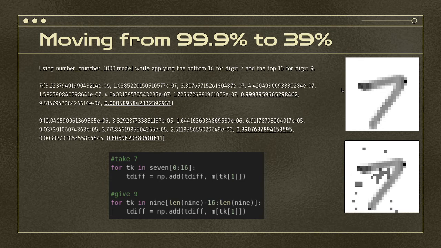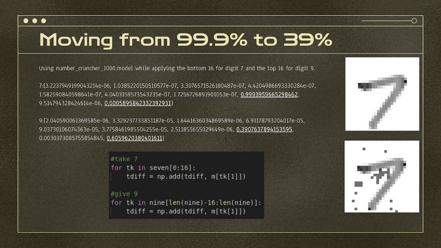Now, if we apply this, we get this image, which suddenly we're only 39% certain that this is a 7 and 60% certain that this is a 9. So we have forced a misclassification.